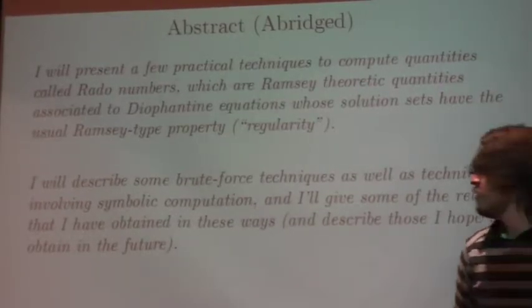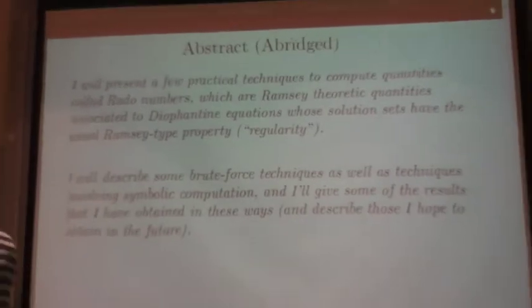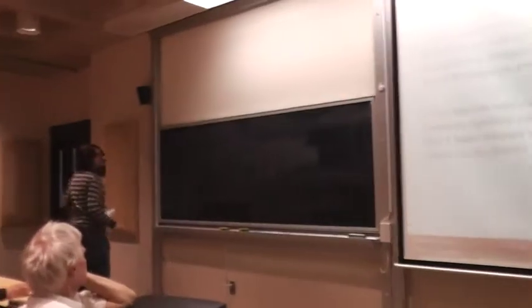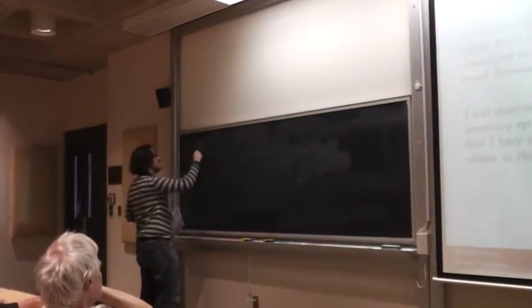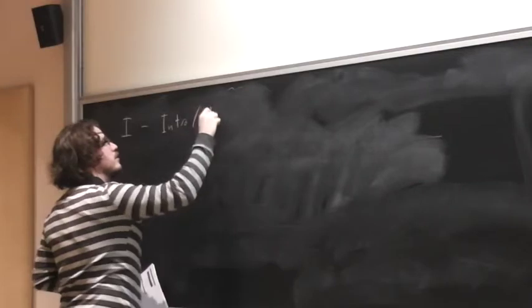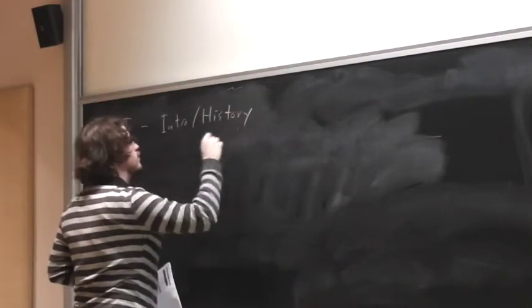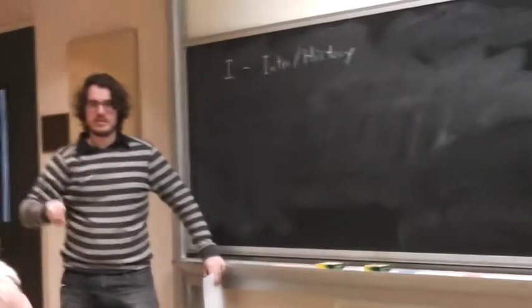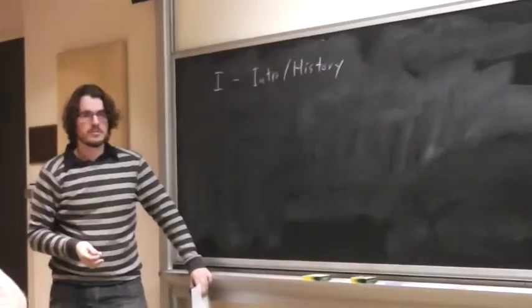But basically, in this talk, what I'd like to present, it's sort of going to come in 5 parts. So first, I'm going to talk a little bit about the historical background, introduction to this type of problem.